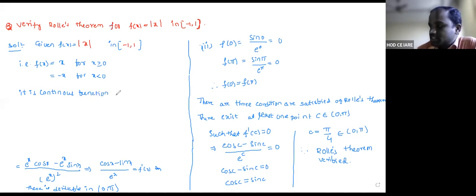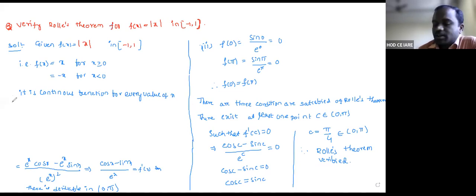Continuous function for every point, every value of x. That is, it is continuous for every value of x.